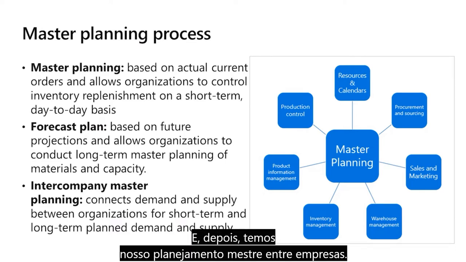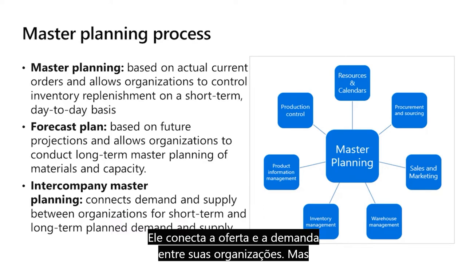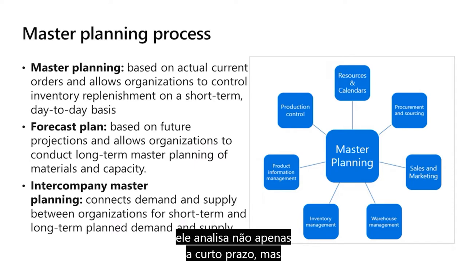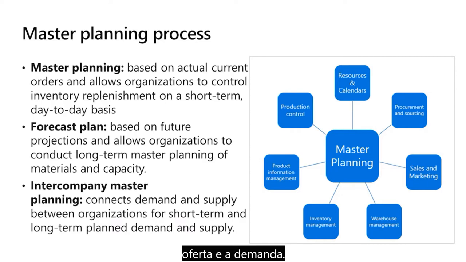And then we have our intercompany master planning. This is calculating the net requirements across all of your legal entities. So it's connecting supply and demand between your organizations, looking at it not only as a short-term, but also as a long-term plan for both supply and demand.